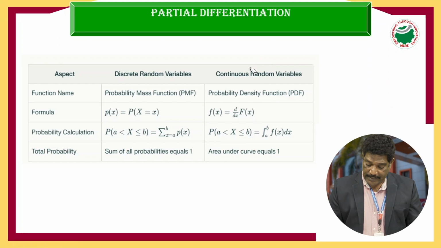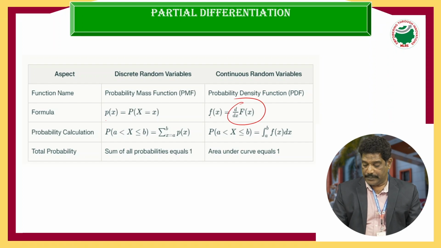We define P of x equals probability of capital X equals small x. In this case, small f of x is the derivative of capital F of x. When you differentiate it, you get f of x, which is called the probability density function.